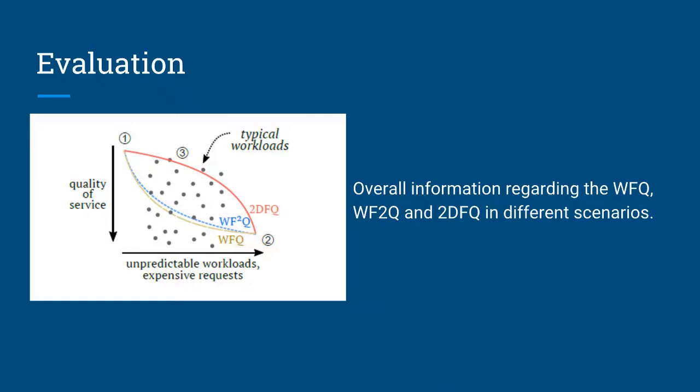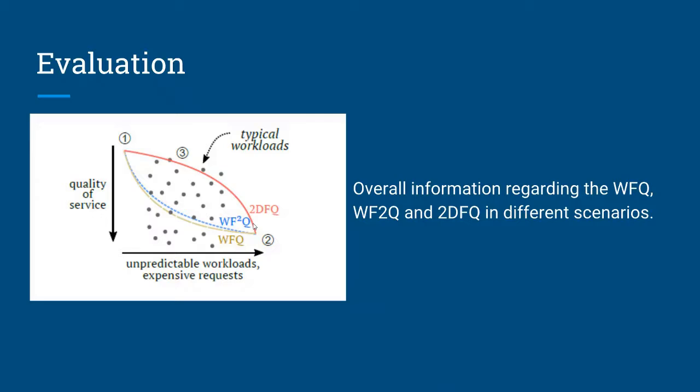WFQ and WF square Q and 2DFQ provide good quality of service, because even if blocking would occur, it would be limited. So at one extreme, the workloads are heavily varying in request costs with completely unpredictable tenants. In this scenario, all the schedulers would behave poorly, which is why we are able to see a drastic reduction.